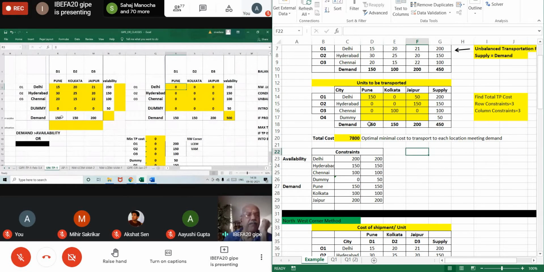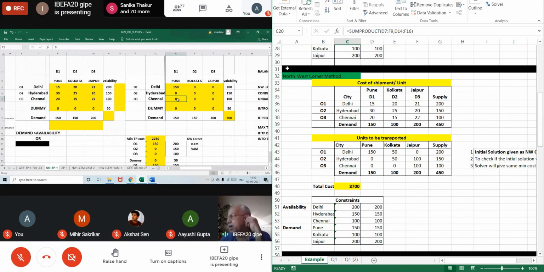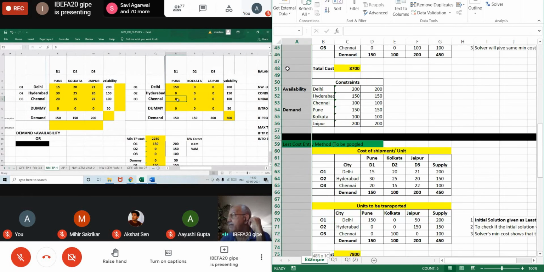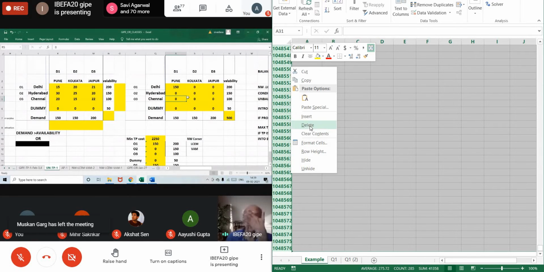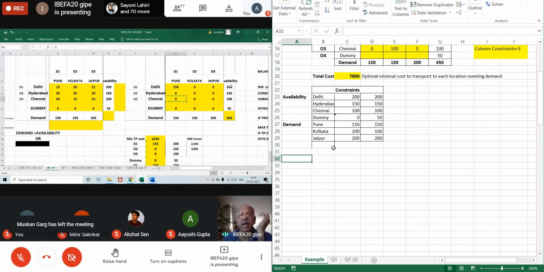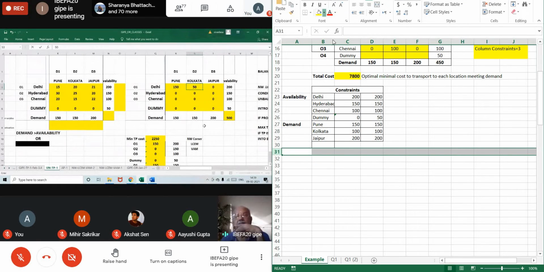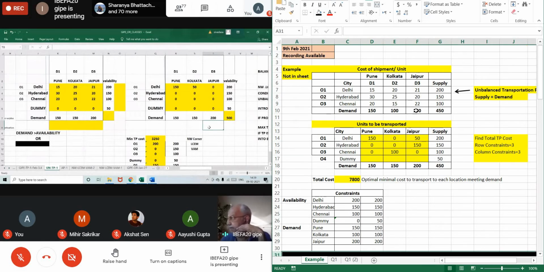So 150 demand and 200 available, 150 units I can give it to Pune. So from Hyderabad, Chennai, nothing to ship because Pune got all 150 units. Then 50 units are left that can be given to Kolkata. So Delhi warehouse is empty.